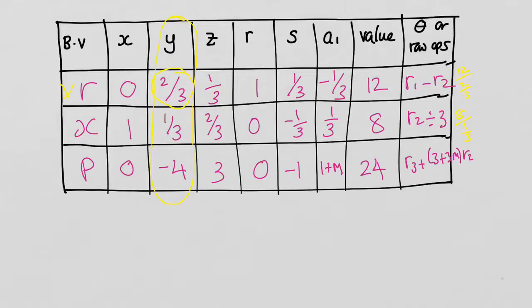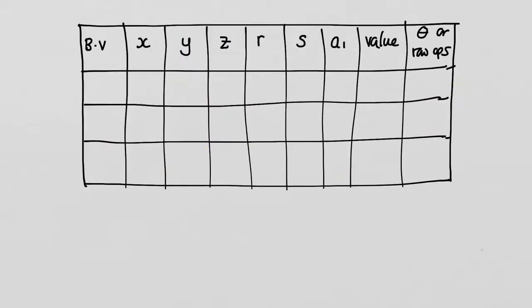And if you notice here, my Y is interchanging with my R. It's really nice when this happens and you actually get the X and Y in there. It kind of seems like it's normal. So I'm going to do 3 over 2 lots of R1. 0, 1, 1/2, 3 over 2, 1/2, minus 1/2, and 18.